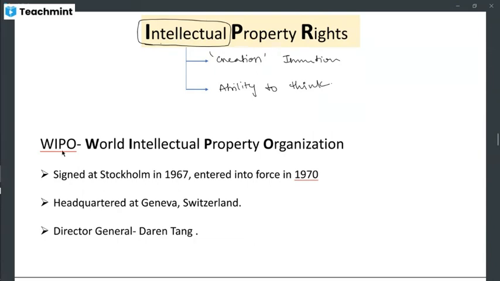The WIPO headquarters is located at Geneva, Switzerland, and the present director general is Daren Tang. You also need to check after your JRF exam, as the director general may change. So go through their website and find who the present director general is. Just remember, it is headquartered at Geneva, Switzerland, signed in 1967, and came into force in 1970. WIPO is the one which keeps an eye on all intellectual property rights.